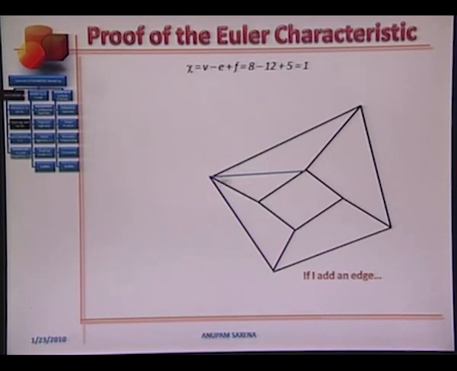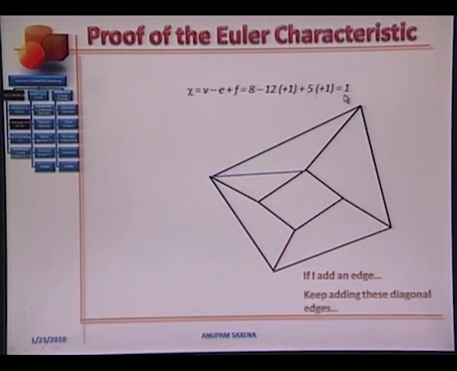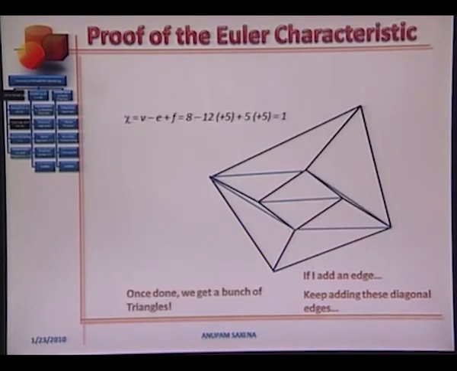Each edge that is added would divide an original face into 2 parts. We do this ensuring that the chi value does not change. I keep adding the edges and keep dividing the quadrilateral faces into triangular ones. Note that while doing so, the value of chi, the Euler characteristic, has always remained 1.